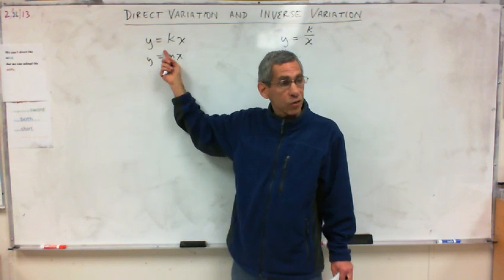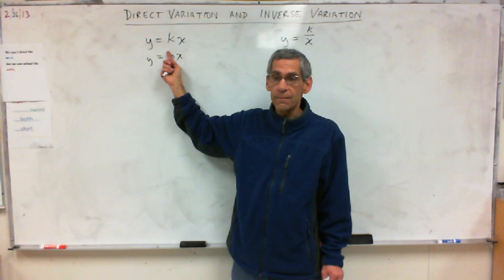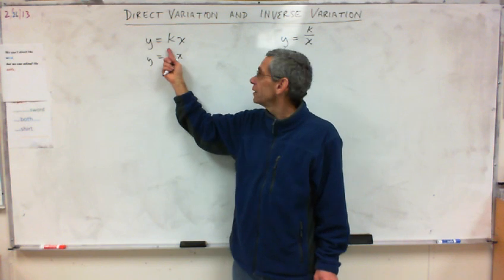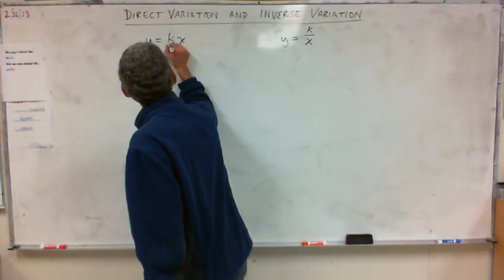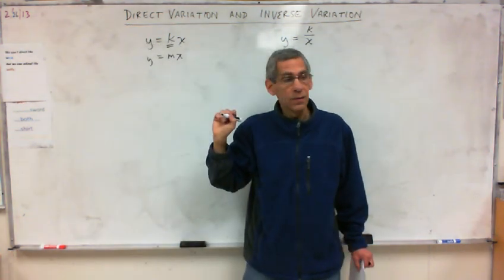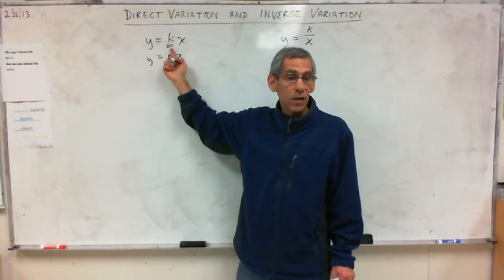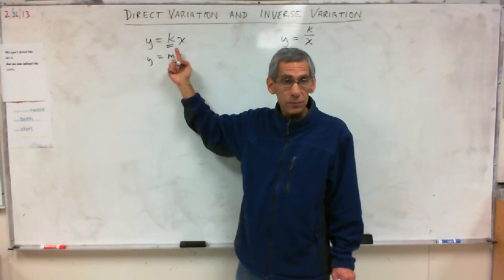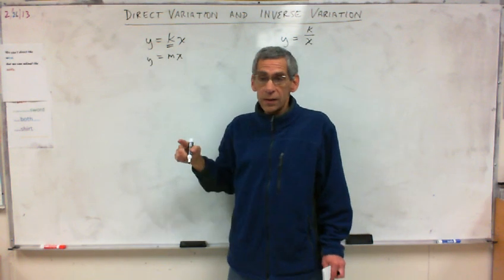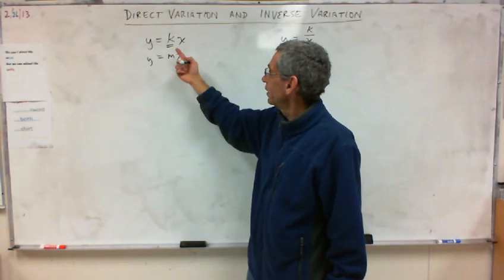You don't have a third variable, usually. That third variable is actually a real number. It's called a constant. And because it's called a constant, a lot of people use k.